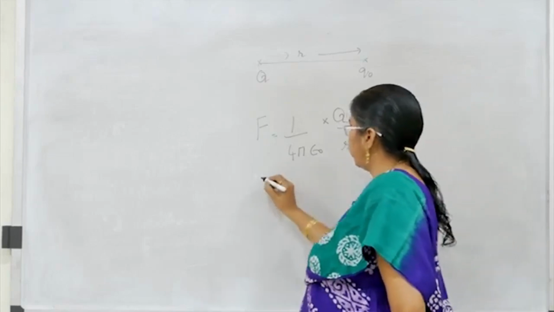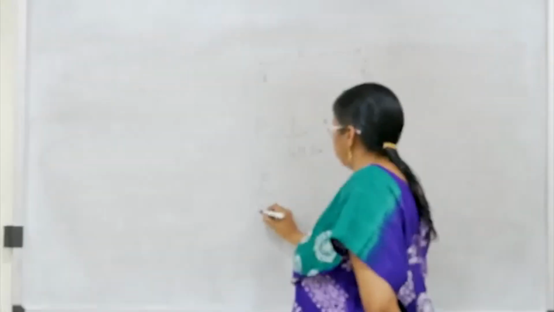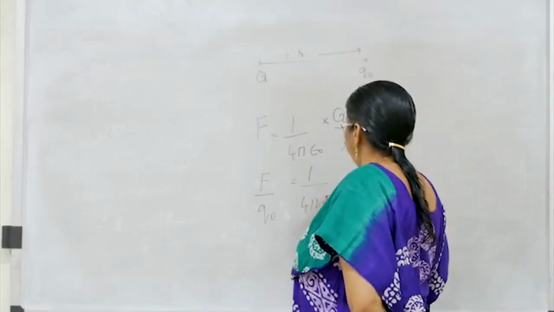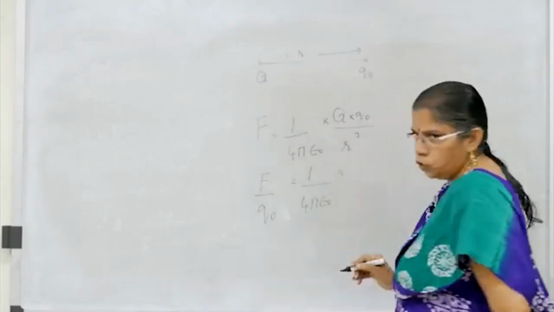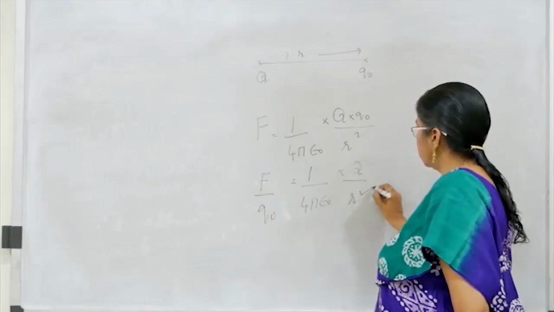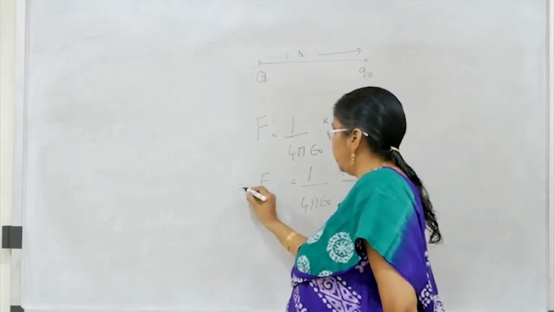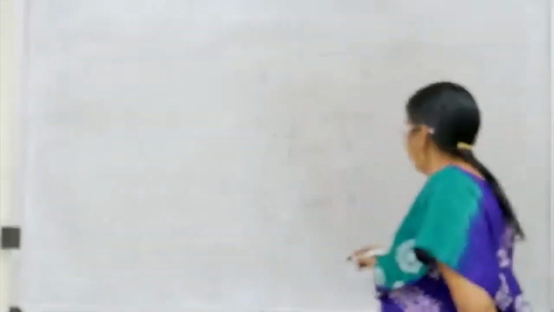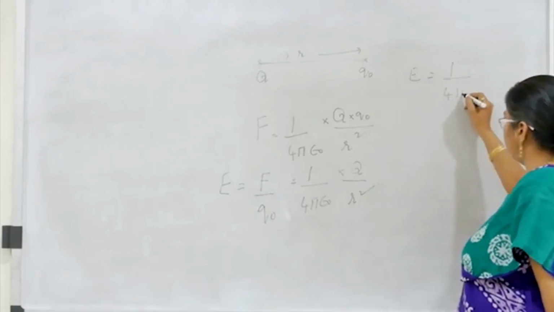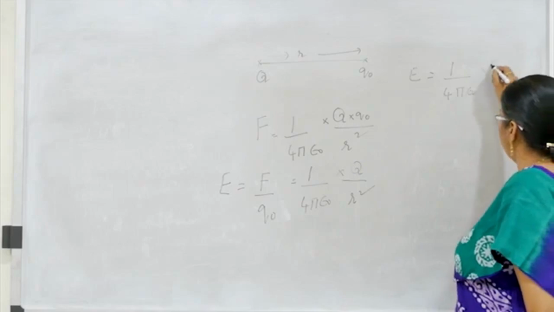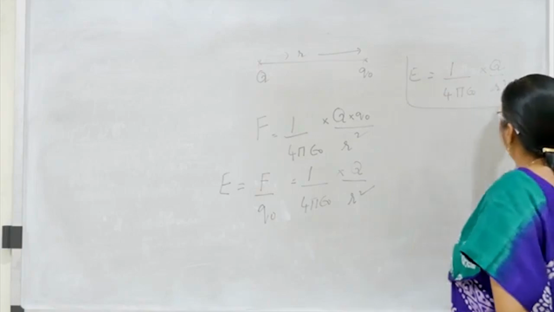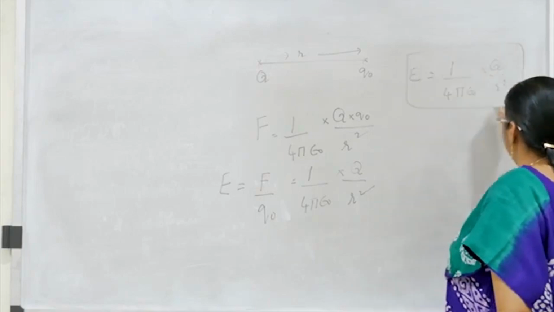So if I take F by Q naught, this is given by 1 by 4 pi epsilon 0 into Q by R square. F by Q naught is nothing but E. So E is equal to 1 by 4 pi epsilon naught into Q by R square. So this is the equation for intensity of electric field.